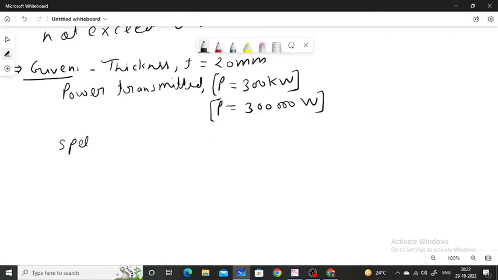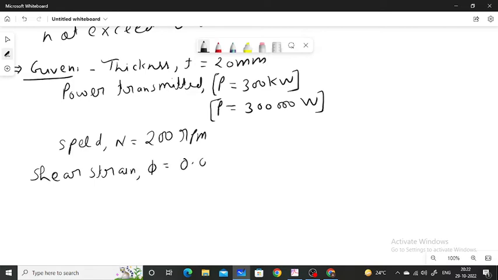Speed N is also given, 200 rpm. Shear strain phi is equal to 0.00086.